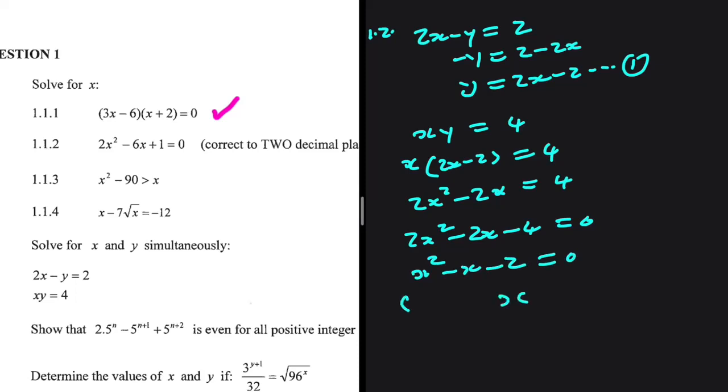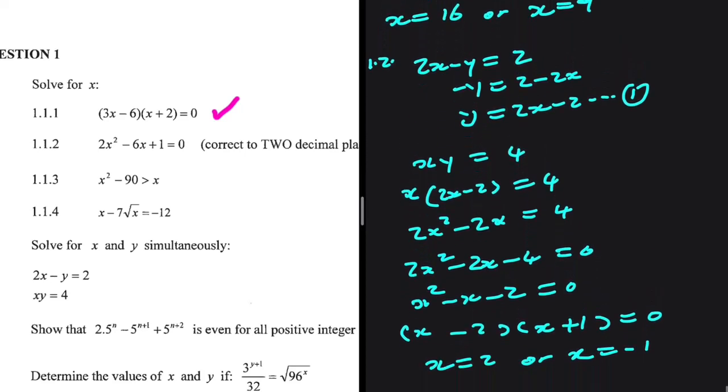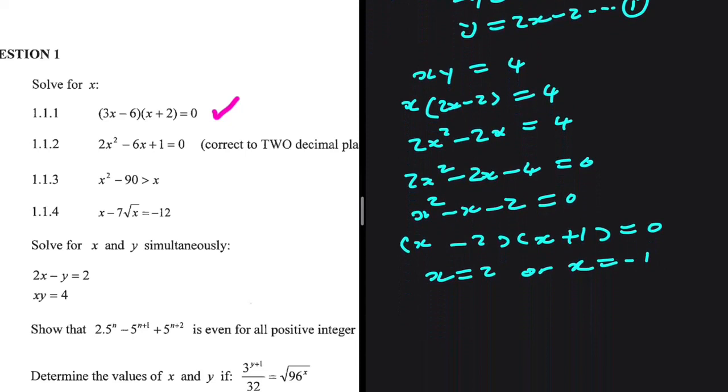Let's go ahead and factorize this. Two numbers that when we multiply, we get minus 2, and when we add, we get minus 1. So that is minus 2 and plus 1. x is equal to 2 or x is equal to minus 1. If x is equal to 2, what is the value of y? Let's find out.